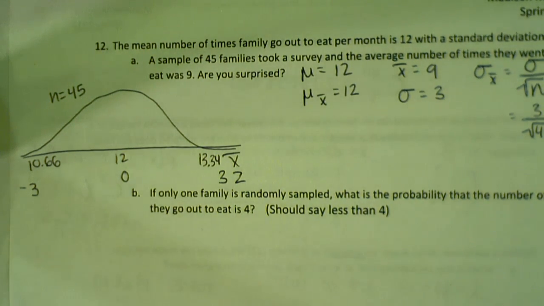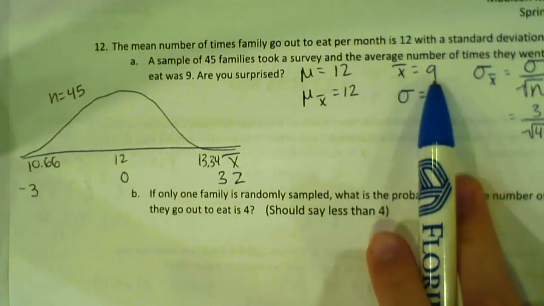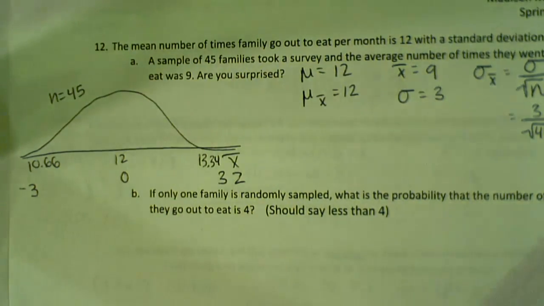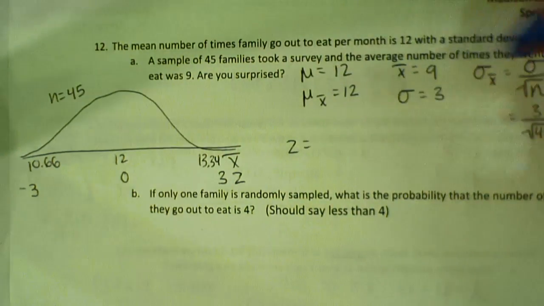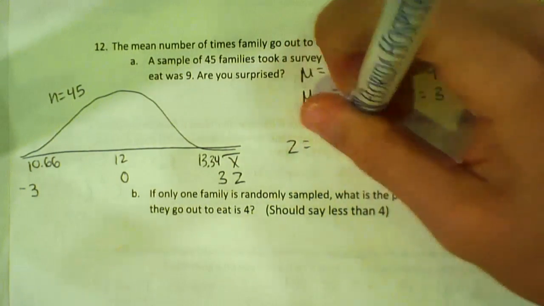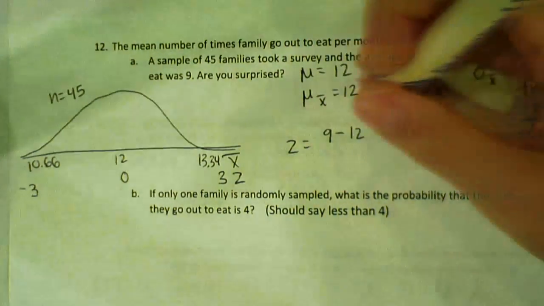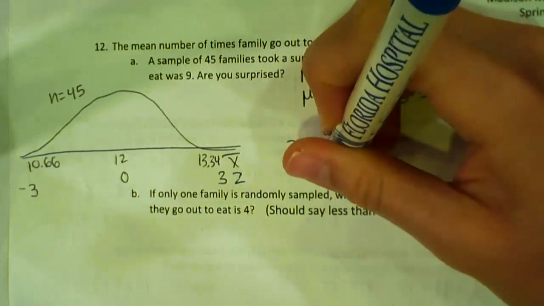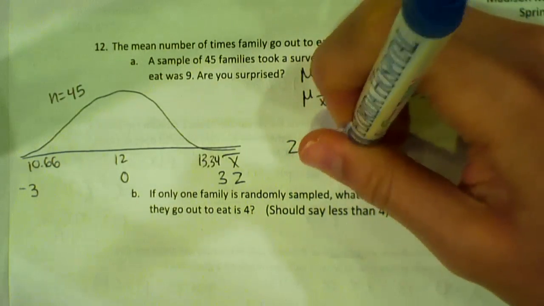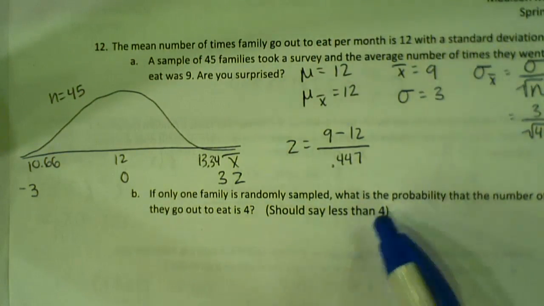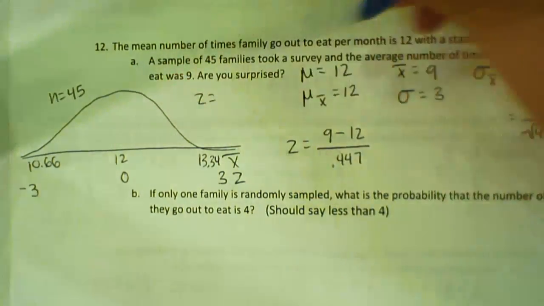Now, if we want to figure out whether or not we're surprised, we should find the z-score that corresponds with this mean. All right, and then that formula, again, it's just what you have been doing.